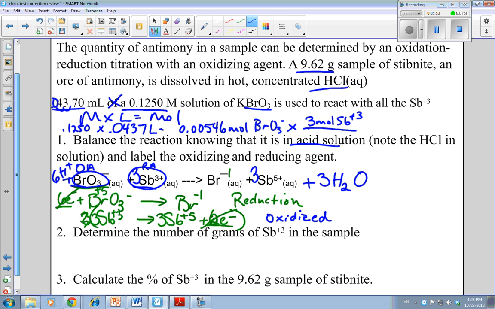The ratio is 3 to 1. I can work that out really quickly just by multiplying by 3, and I get 0.01638 moles of Sb+3. Then I simply take my moles of Sb+3.